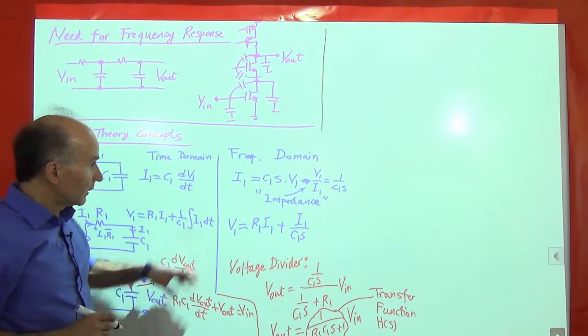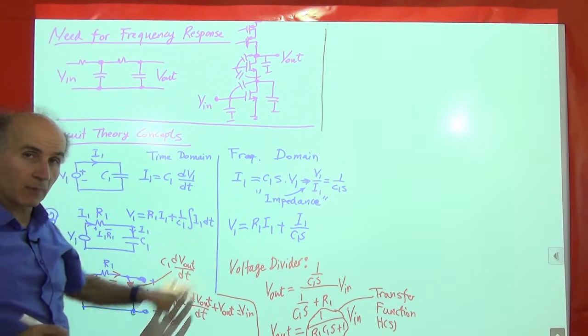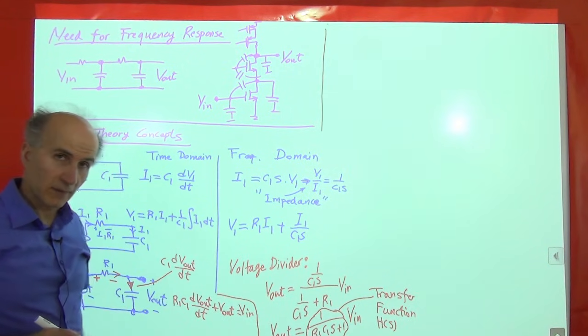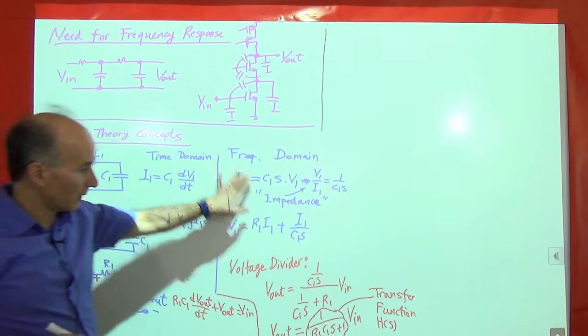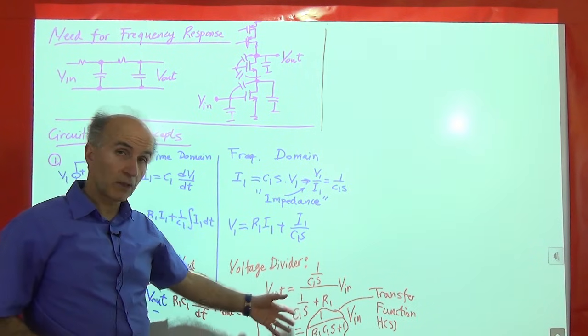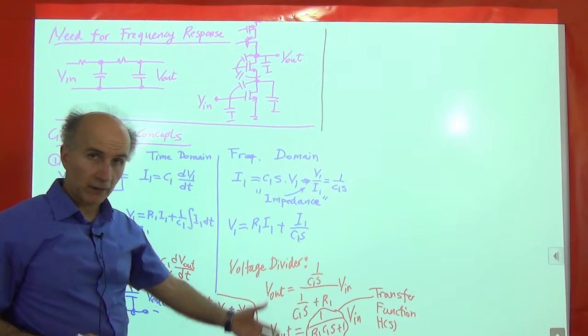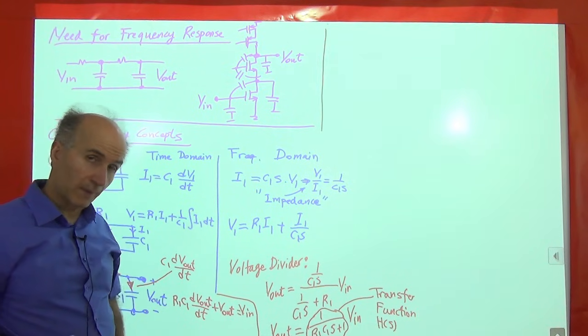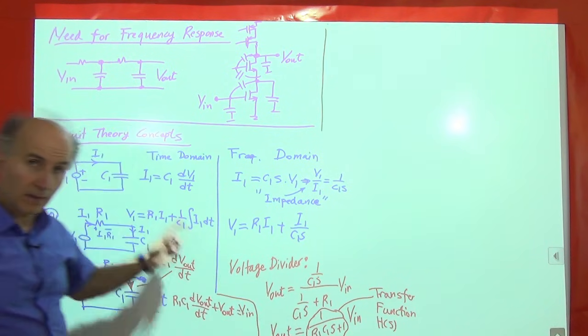Okay, so again, you see the contrast between time domain and frequency domain analyses, right? Here we always end up with a differential equation. Here we always end up with some sort of algebraic equation, maybe a rational transfer function or something like that. So generally handling these things is a lot easier than handling these.